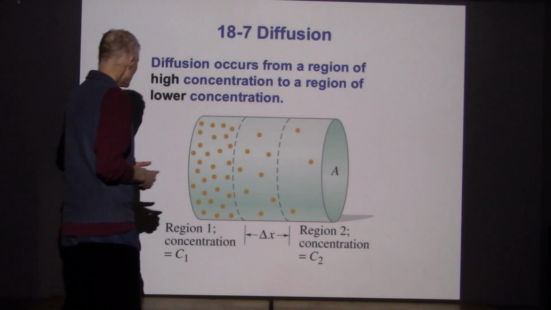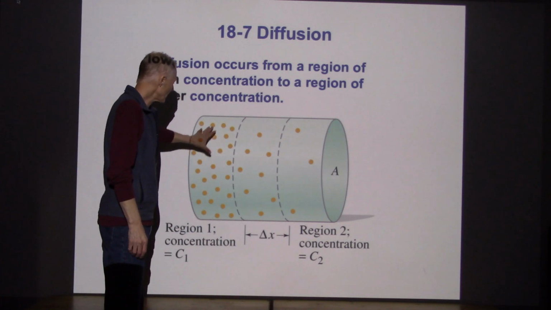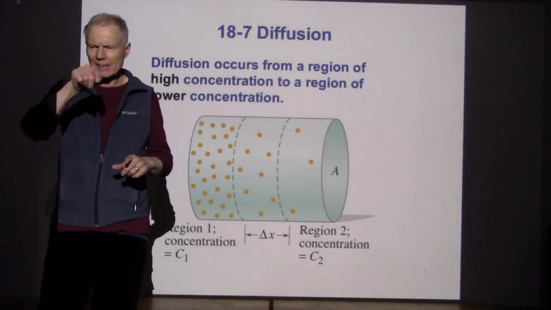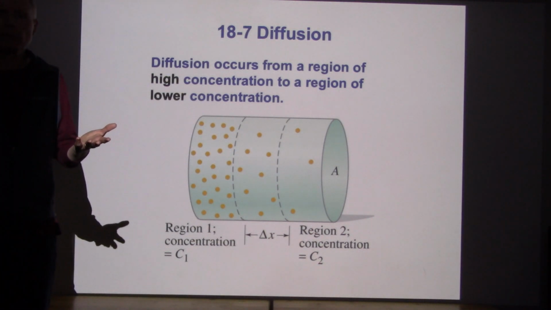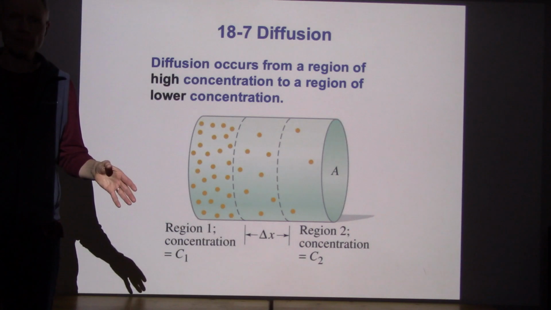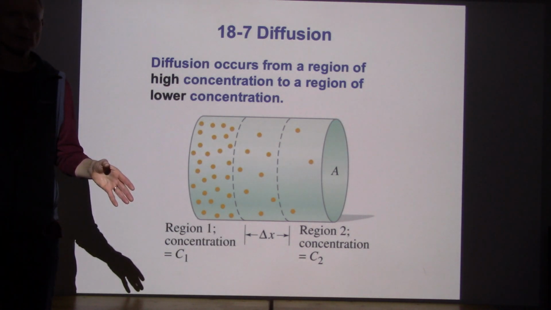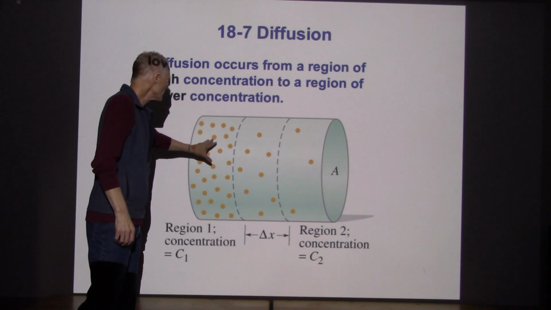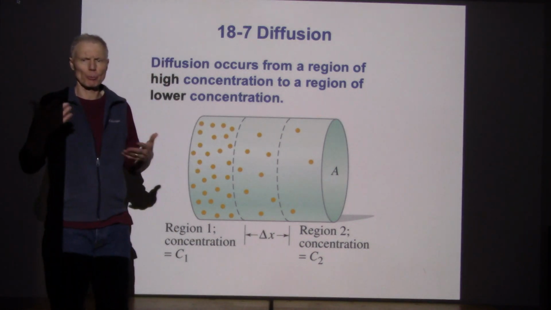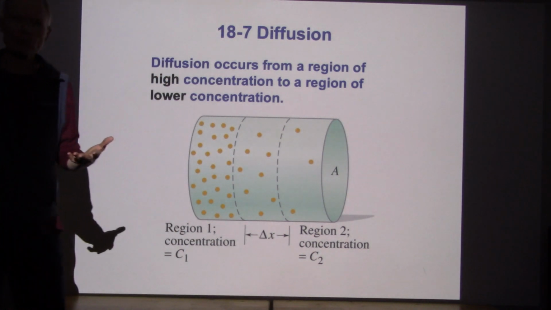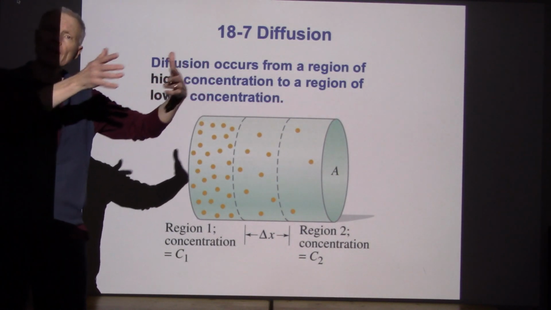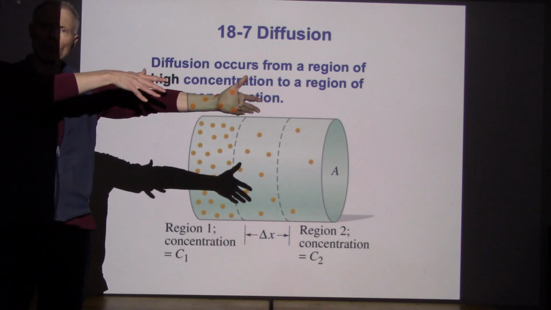So what we're saying is if I start with a high concentration of molecules here, and they are making their way randomly, I mean, they're not intending to end up going any particular direction. But the fact that we have more molecules here means that when they all move sort of randomly, on average, we're going to get more molecules in that middle region, and then more molecules in that region to the right.